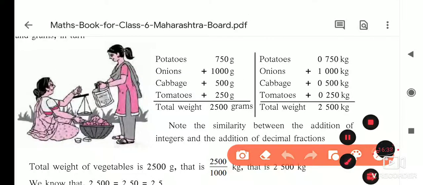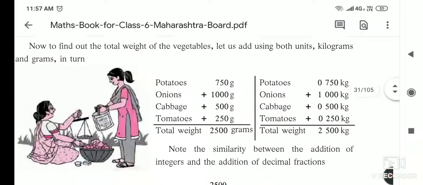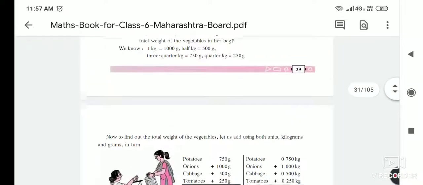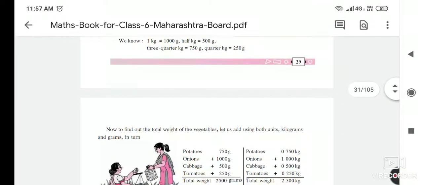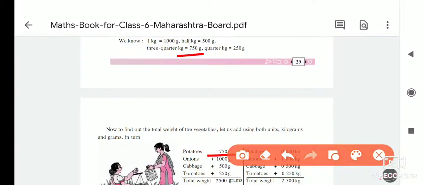So first, potatoes, how much taken, that is 3/4. Just I told you 3/4 means 750 grams. Onions, 1 kg taken, so 1 kg means 1000 grams. Cabbage, half kg means 500 grams.